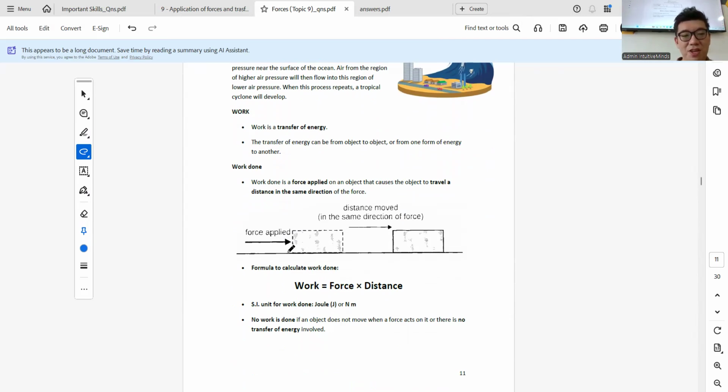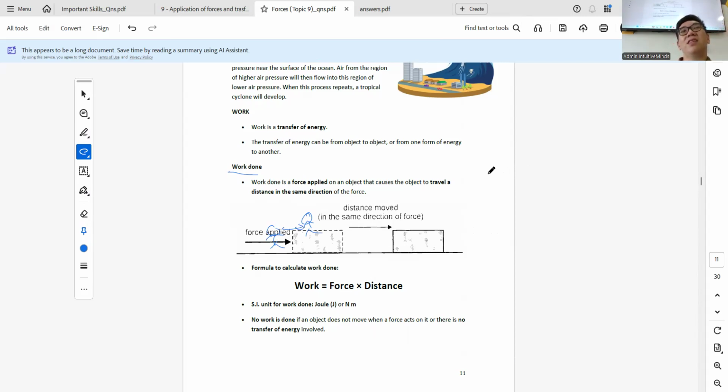For example, if you push an object, let's say you got a younger sister, and she is standing on the block, then you push her. If everything is moving in the same direction as what you push, there's something called the work done.